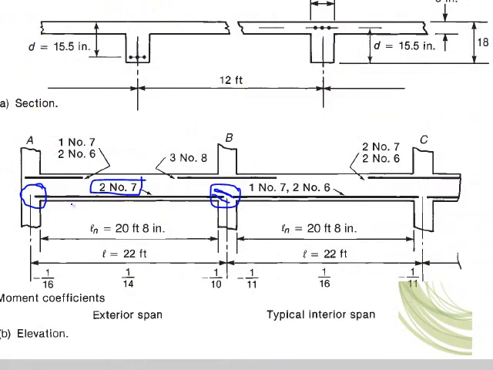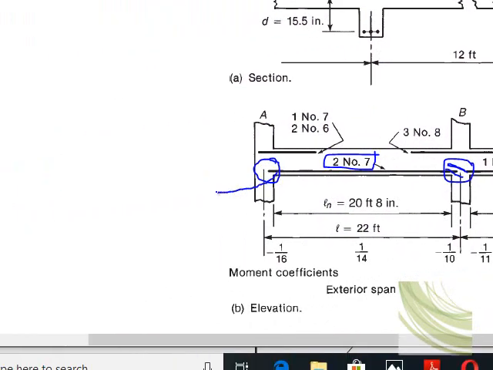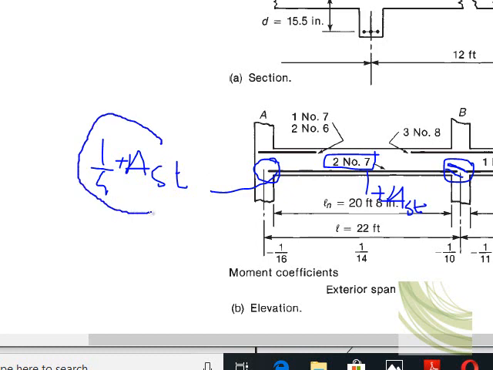This means that the ACI criteria says that you need to extend a minimum of how much area? 1/4 of the area of the AST, the positive AST. This is the positive steel area. So you need to insert into the support 1/4 of this area.